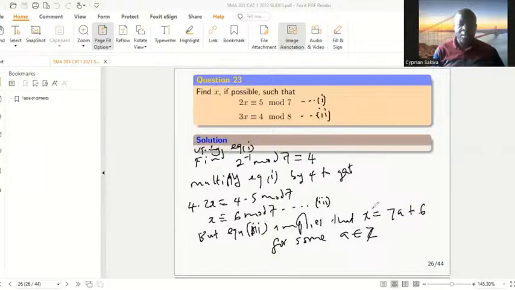So this is what I now substitute into equation 2. Substituting equation 3 into 2, x is 7a plus 6, then it's congruent to 4 mod 8.